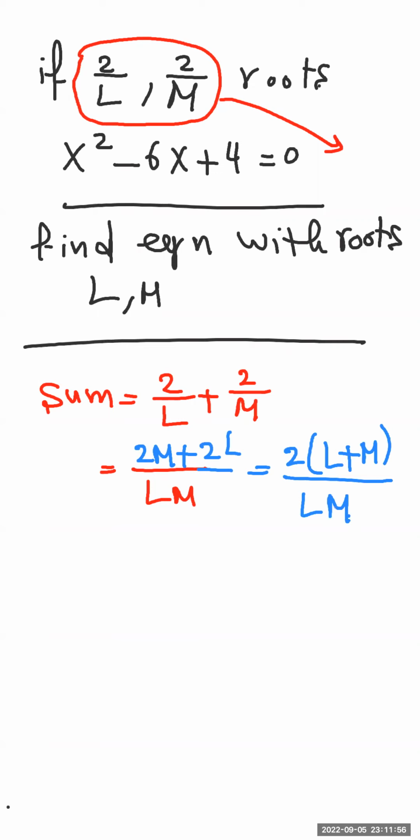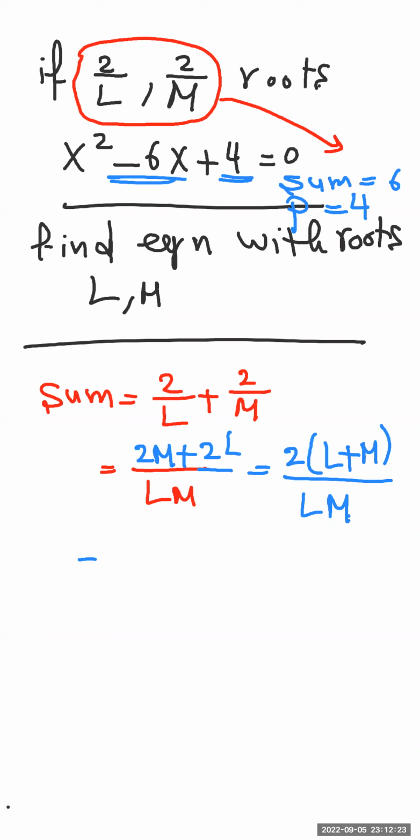Okay? So this means the sum of the two roots from the equation on the top, sum equals what? 6. Product equals what? 4. Of course, it's negative negative 6 over 1, so the sum will equal 6 and the product will equal 4.